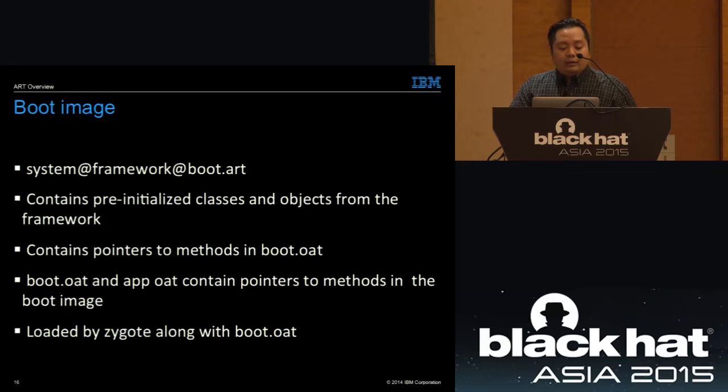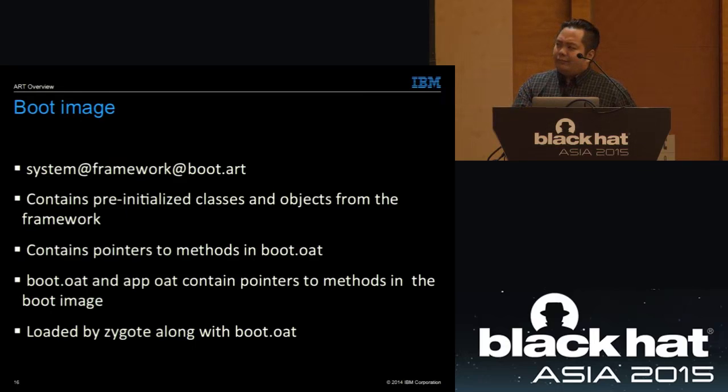I also mentioned earlier the boot image. It's a file named system@framework@boot.art. This is also found in the Dalvik cache folder, and it contains pre-initialized classes and objects from the framework. It contains pointers to methods in boot.oat, and essentially your application will refer to this image every time it calls something from the framework.